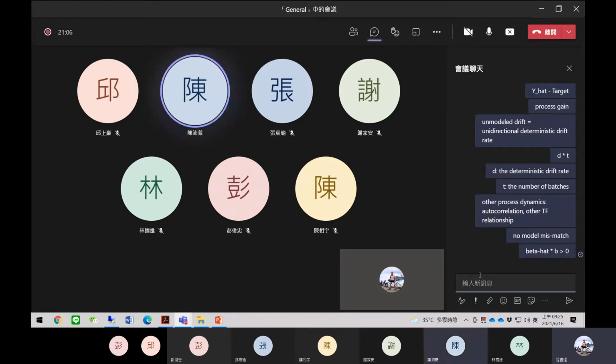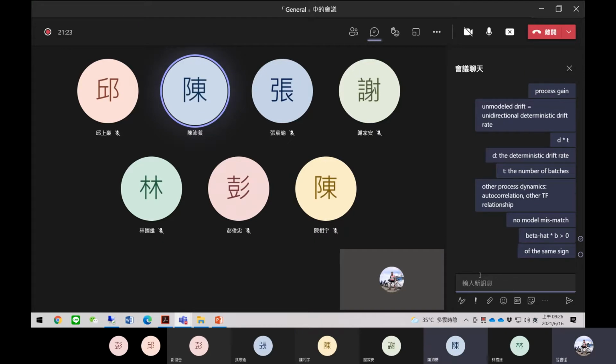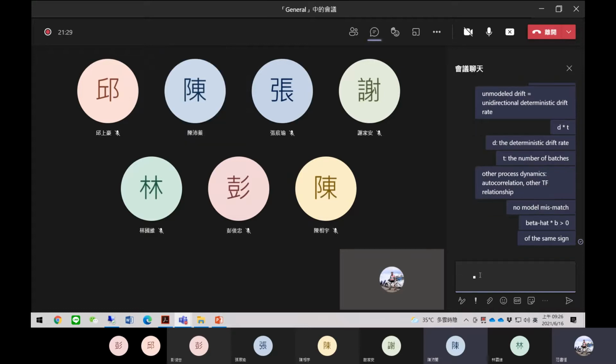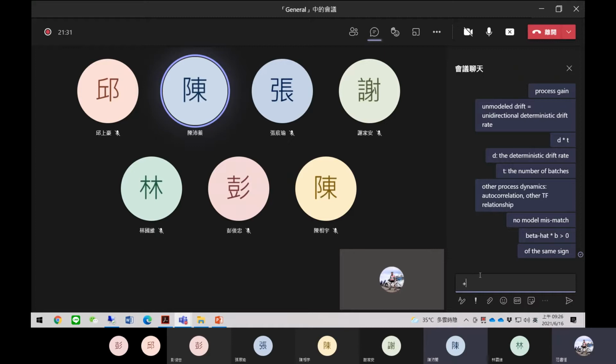Beta hat times B greater than 0 means both statistics need to have the same sign, right? If beta hat is plus, B needs to be plus as well.